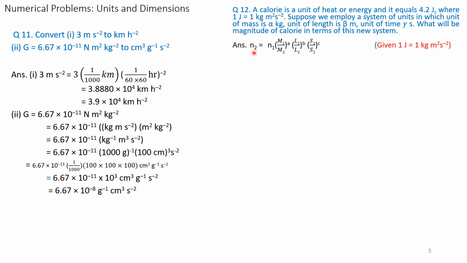Let N2 be the new system. Therefore, N2 equals N1, where N1 is the old system, multiplied by M1 divided by M2, where M1 is mass in the old system and M2 is the new system, to the power of A, and length is L1 in the old system and L2 in the new system to the power of B, and seconds is S1 in the old system and S2 in the new system to the power of C. It is also given that 1 joule is equal to 1 kg meter square per second square.